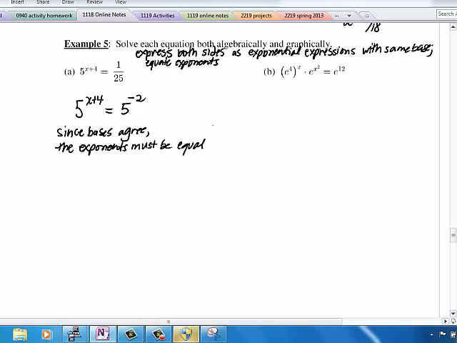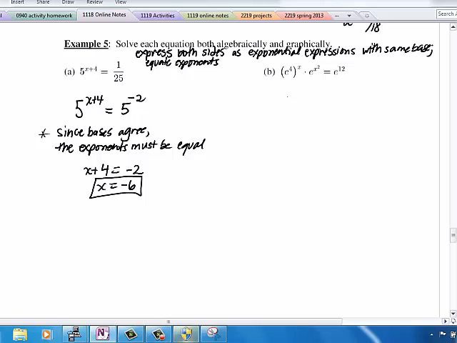So it's not that we're going to divide by 5 or cancel the 5's out. We're just saying because the bases are the same, the exponents have to be the same. So x plus 4 has to be negative 2, which means x has to be negative 6. So again, don't divide by 5, just make some statement like this. Since the bases are the same, the exponents have to be the same.